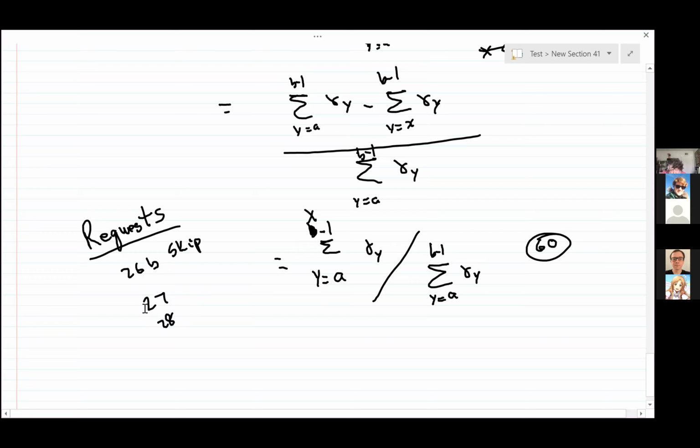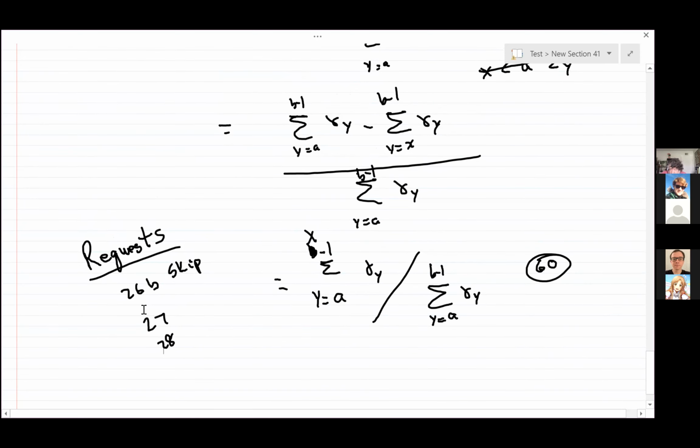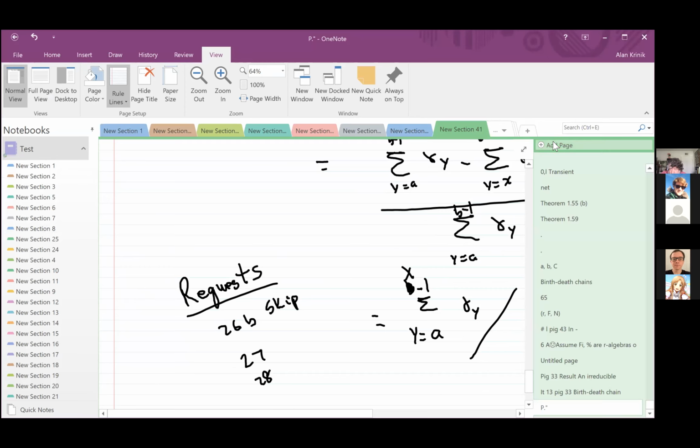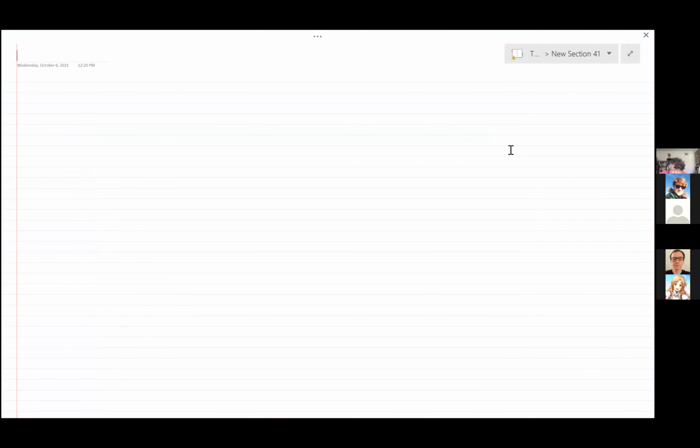Let's try 27, assuming we can use 26B. Okay, so what is 27? I'm going to turn the page because there's too much on this page. All right, so now let's look at 27.